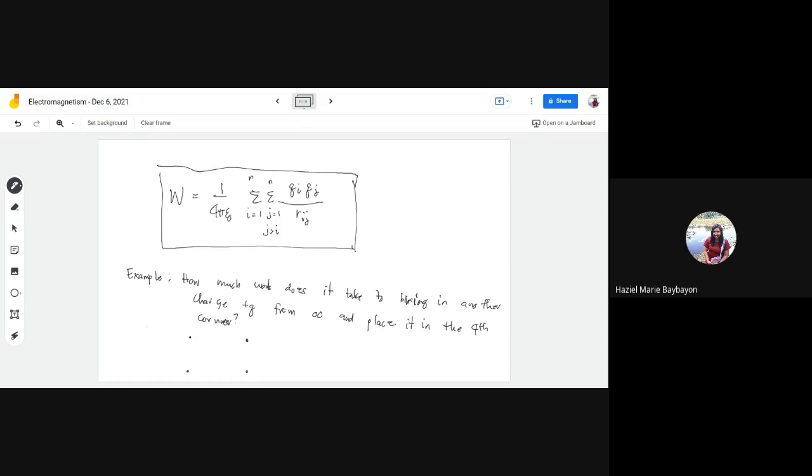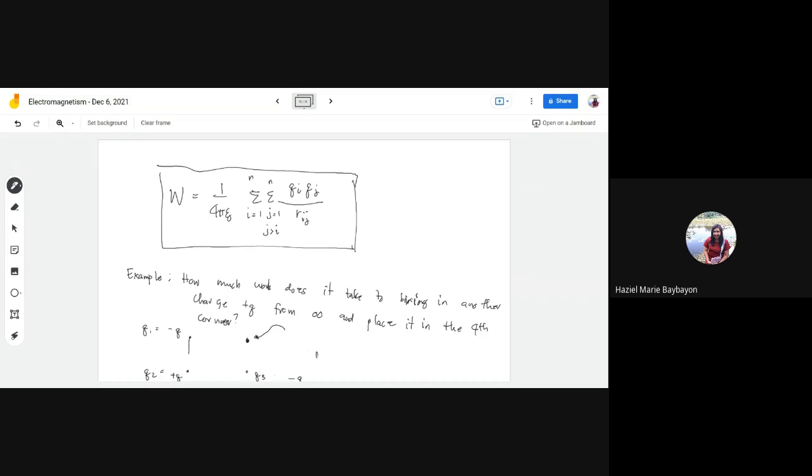We are given Q1 is equal to negative Q, and Q2 is equal to plus Q. In the corner, Q3 is equal to minus Q. And then we want to place the positive charge here, which you can say comes from infinity.